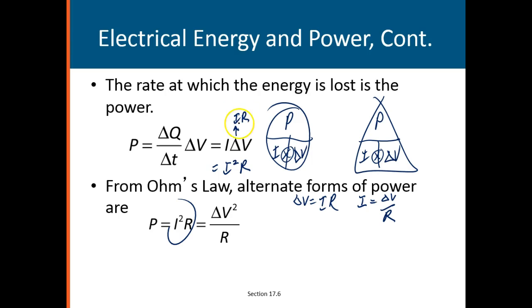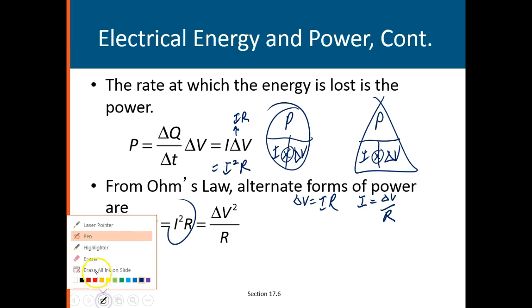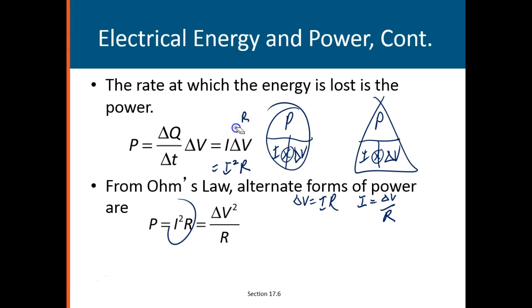So this time we'll take our same formula, but we will replace the I with delta V over R. Delta V over R, multiply that by delta V, and you get delta V squared over R. That's your third representation for power.